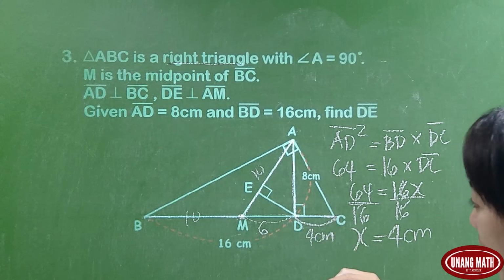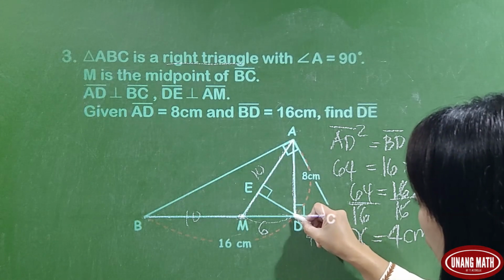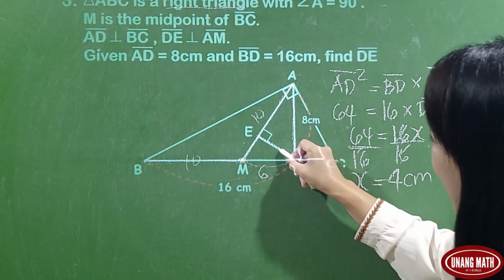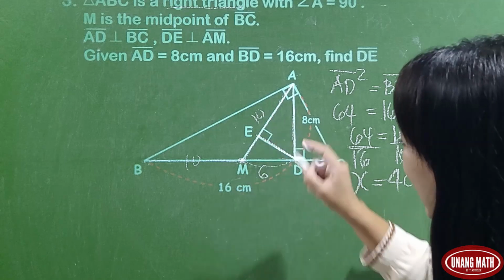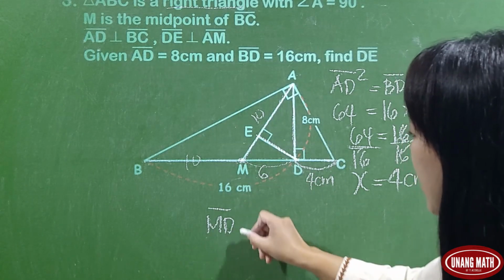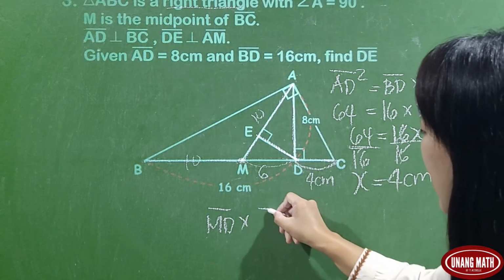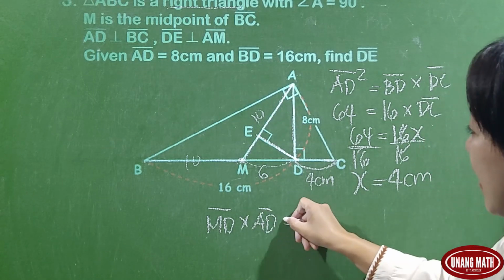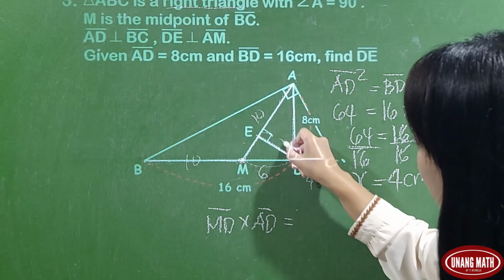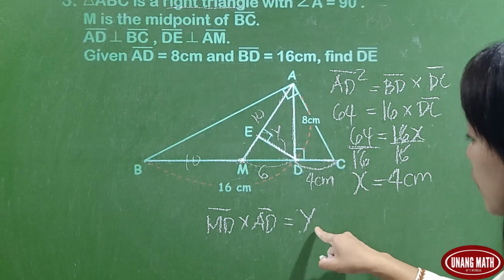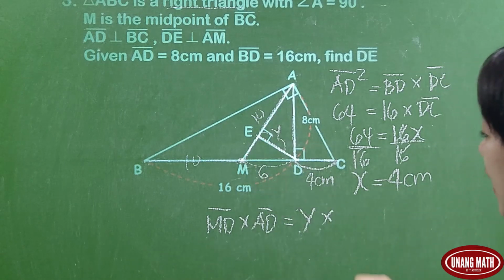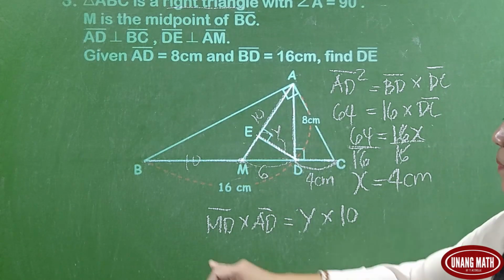So we can now find the measure of DE. In finding the measure of DE, segment MD times segment AD is equal to segment DE, let's say this is Y, times the measure of this segment AM, which is 10 centimeters.